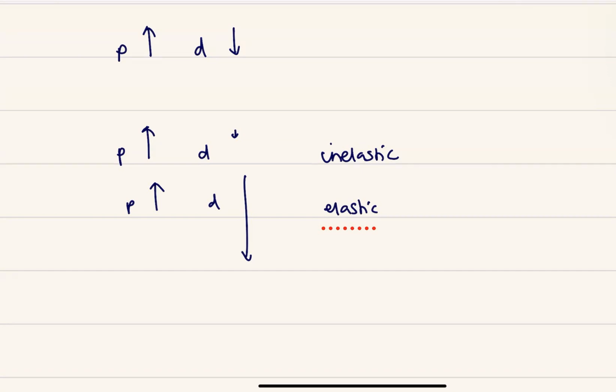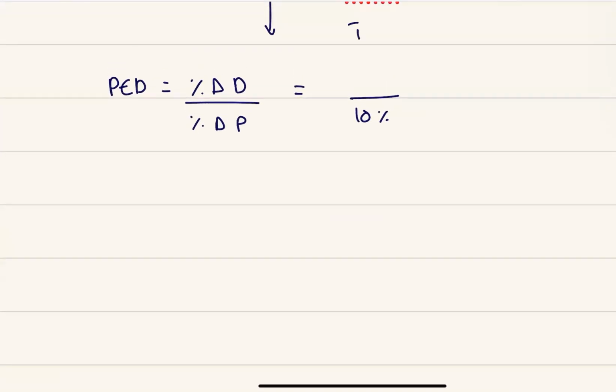So if you've got a PED where, say, for example, let's pretend the price of something went up by 10%. So example one, it goes up by 10%. Demand goes down by 1%.